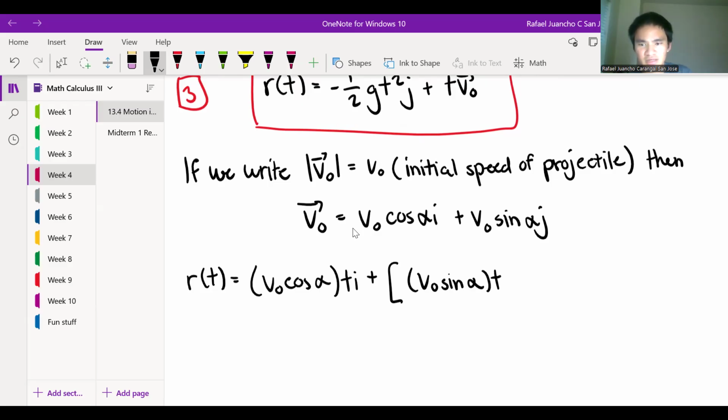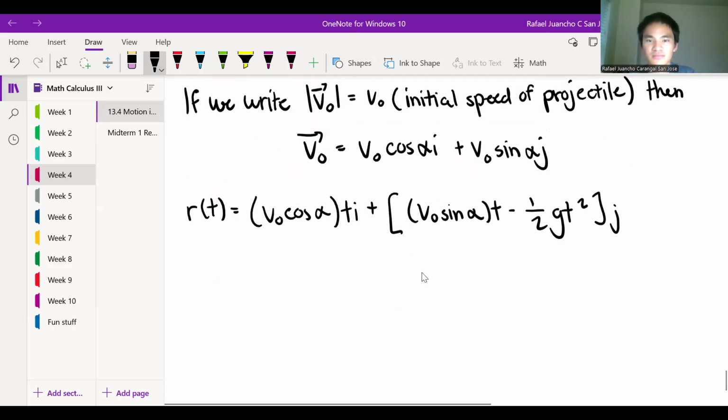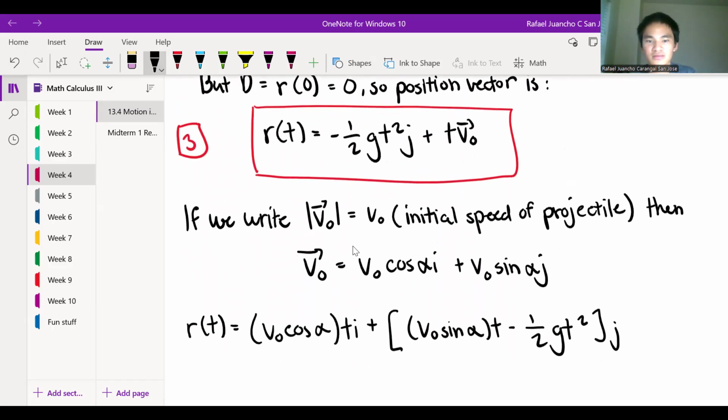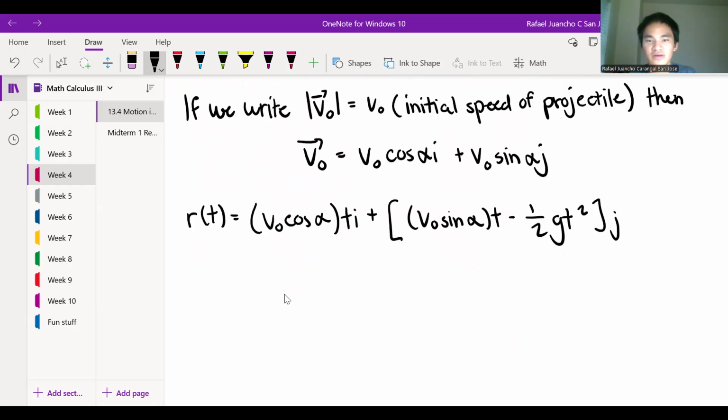And then I subtract 1/2 g t squared j. Okay. So here now I have my i as well as my j. And so from there I have parametric equations that I can work with.